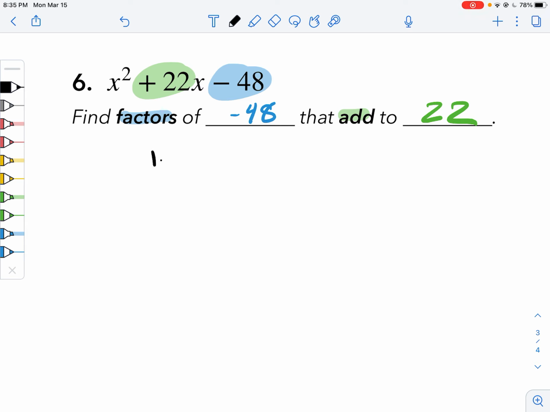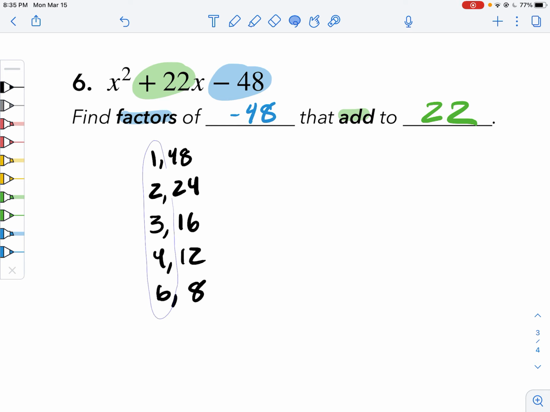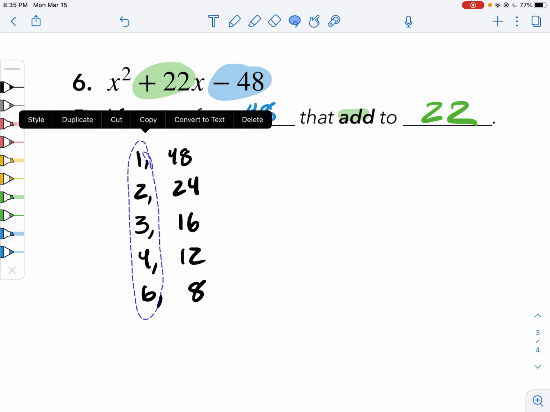There's 1 and 48, 2 and 24, 3 and 16, 4 and 12, 6 and 8, and then 8 and 6, 12 and 4, right, okay. Cool. But yikes. If they multiply to a negative number, one of them needs to be a negative number.